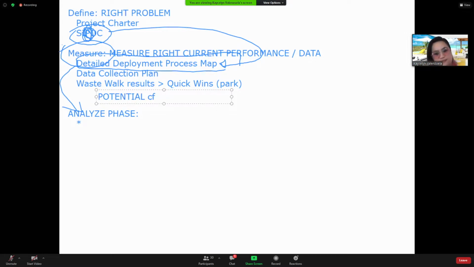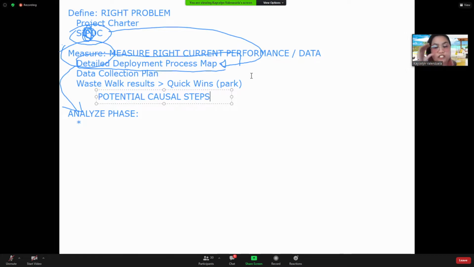Hindi, PCS pala. Potential causal steps. Tama? Ang galing sa measure phase na data that you will bring to analyze phase ay ang inyong potential causal step. Galing kayo sa detailed deployment process map.